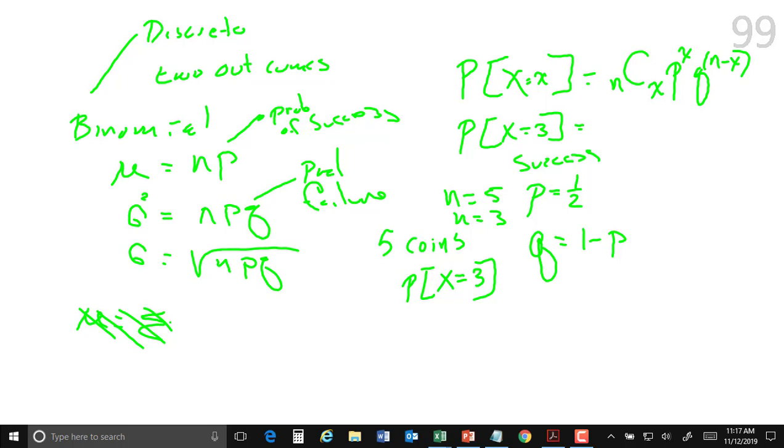So what's q? It's not hard. 1 minus 0.5, so we can write that as 0.5, correct? So let's see if we can calculate it.